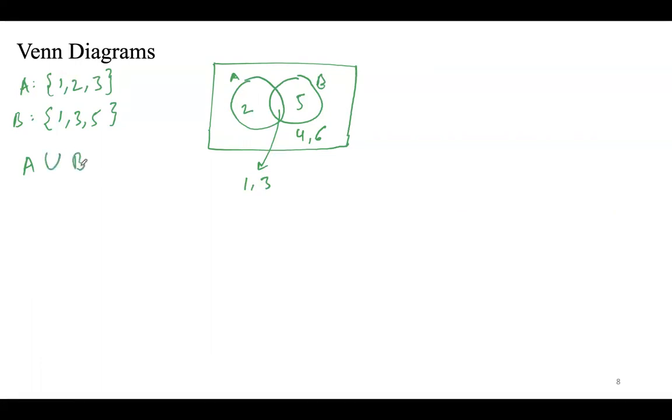When we say A union B, we are looking at this whole part, everything that was in B or A. Whether it's in A or in B or in both, we would like to see all of that. So that brings us 1, 2, 3, and 5. So that's the union. Now, when we talk about intersection, which is drawn with an inverted U.